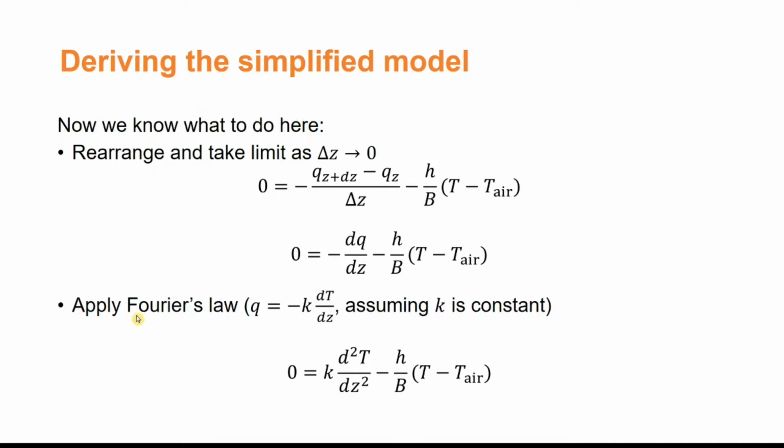Lastly, we apply Fourier's law, which is heat flux, small q, is equal to negative K times the change in the temperature with respect to Z. And we have the final differential equation, assuming K is independent of temperature.